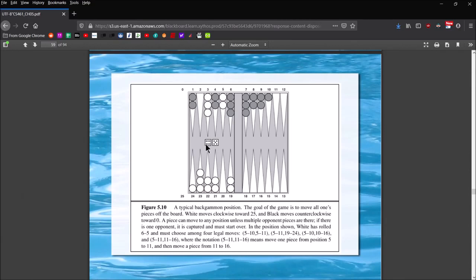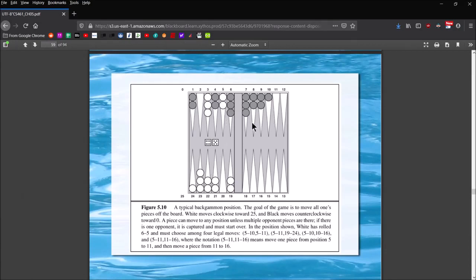I could move a chip from position 5 to position 10, fine. I could move a chip from position 5 to position 11, fine. I could move a chip from 19 down along the bottom to 24, fine. I could move one from 5 to 10, fine.